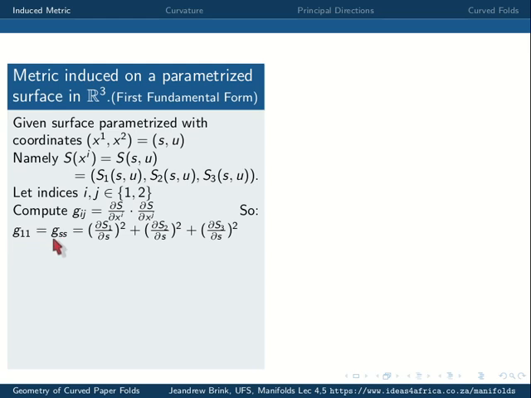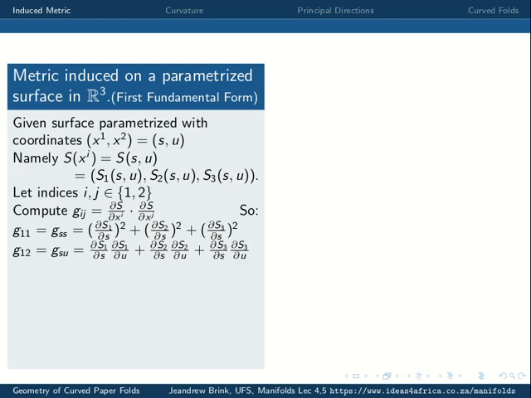Okay, so GSS is the derivative of big S with respect to little s, dotted in with the derivative of big S with respect to little s. And so you basically have ds1 ds squared plus ds2 ds squared plus ds3 ds squared.